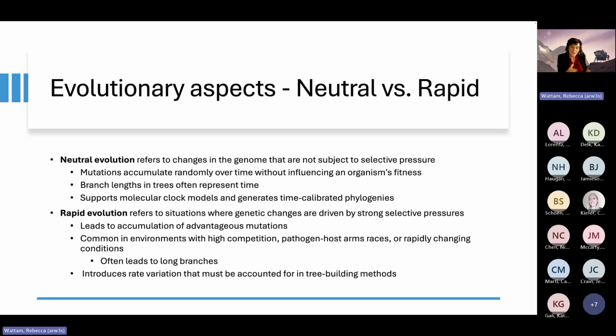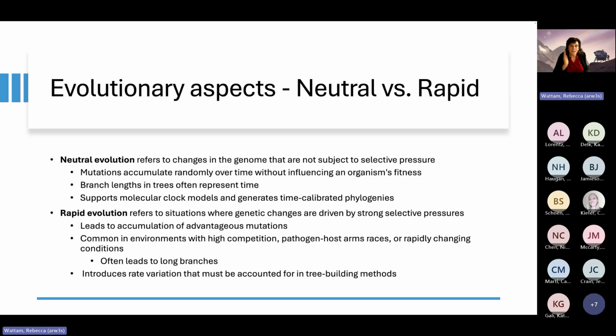And so if you look at those genes, you can see that they are accumulating mutations much more rapidly than the neutral ones. And you can't use those to look at divergence, because they would have these really long branches, which would indicate to you, if you were using it as a molecular clock, that this was a long amount of time between the divergence there.